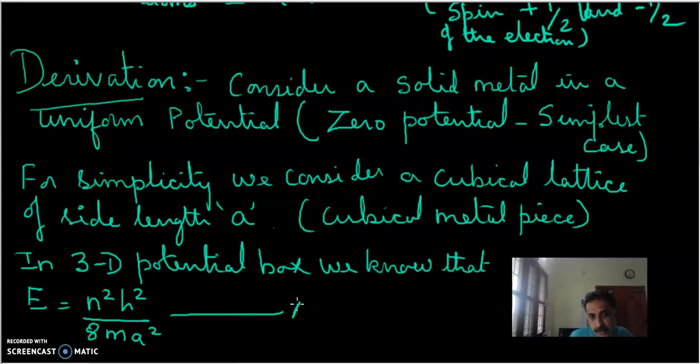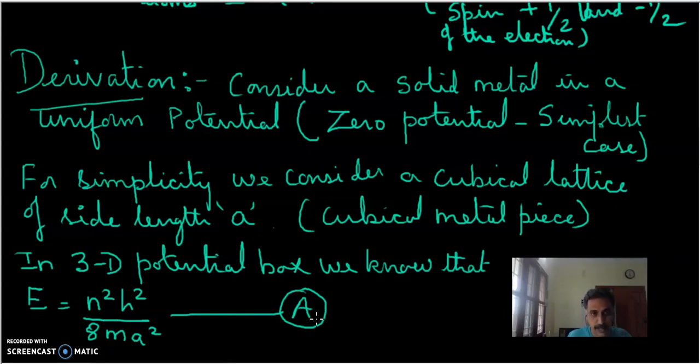So this we know from the application of Schrodinger's equation: one-dimensional box, two-dimensional box, three-dimensional box we have studied. In the three-dimensional box, E is equal to n square h square by 8 m a square.